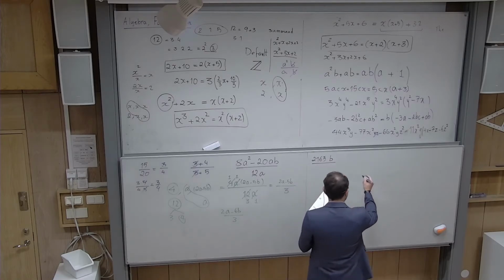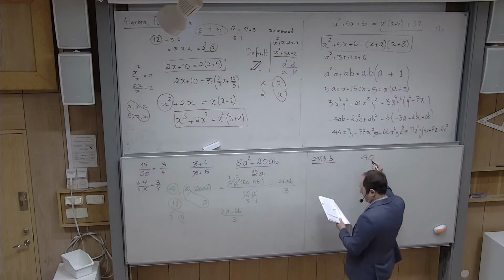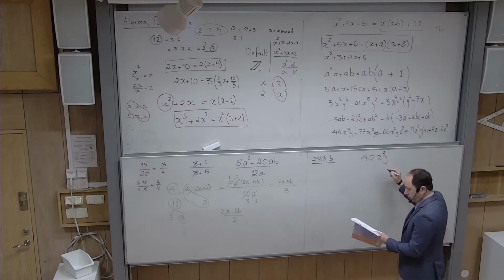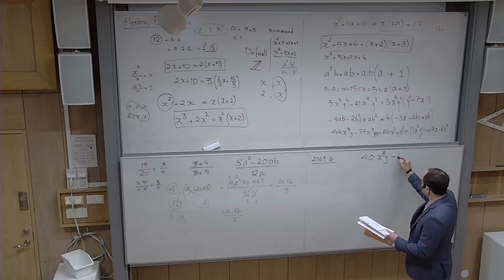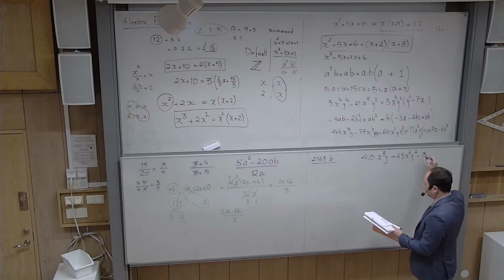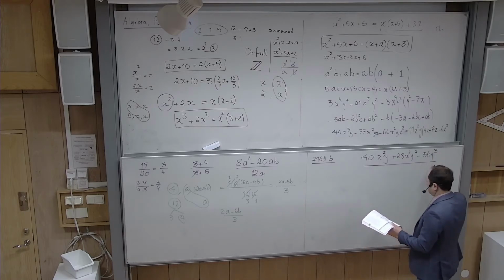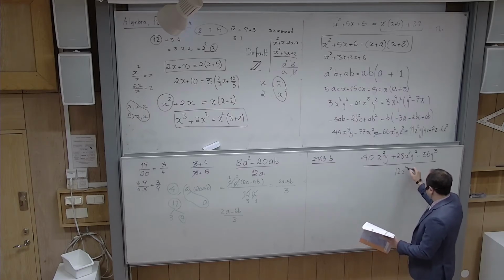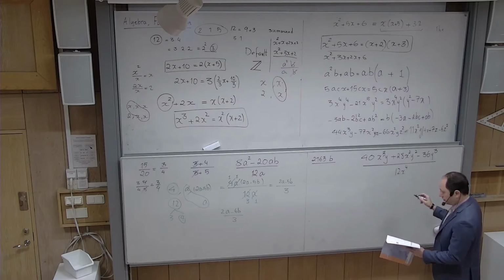So the expression is 40x to the power of 3 y plus 28x squared y squared minus 36y to the power of 3, and then you have this divided by 12x to the 4 y to the 4.